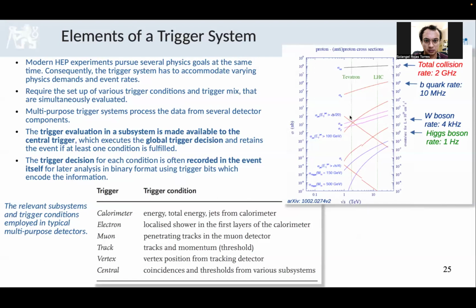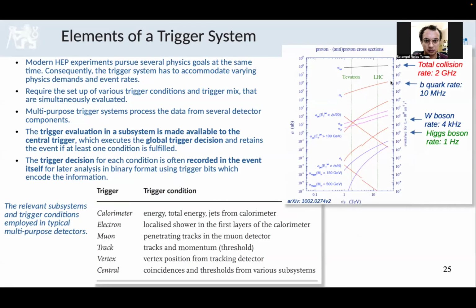So here you see how it looks, the different rates expected from different physics phenomena. So you have the total collision, like 2 GHz, that is everything, and discarding as little as possible background, like the minimum bias trigger.